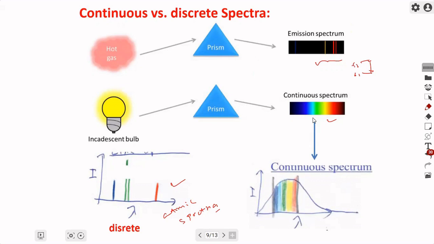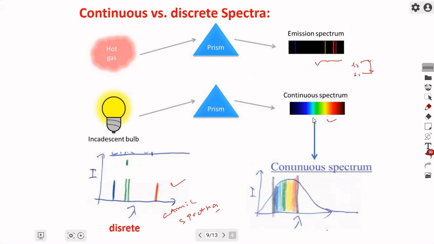This was very shocking news to the scientific community at that time, because it was beyond their thinking. They were shocked to see that an atom has discrete energy levels.